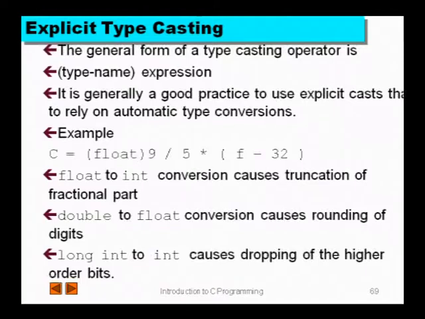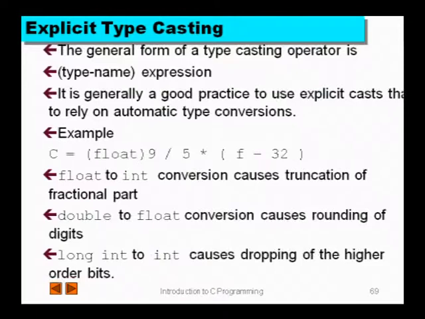Again, similarly, double to float conversion causes rounding of digits. Double and float are the same kind of thing, but the number of fractional digits increases in the case of double, so rounding of digits is possible. Similarly, long integer to integer causes dropping of the higher order bits.